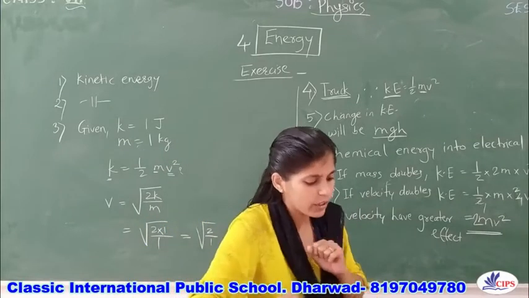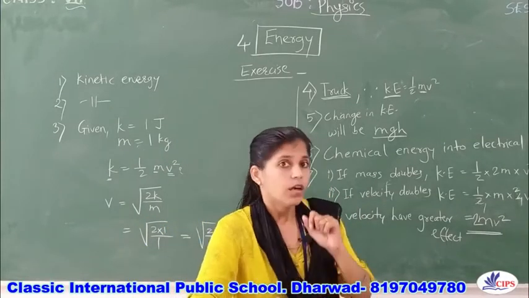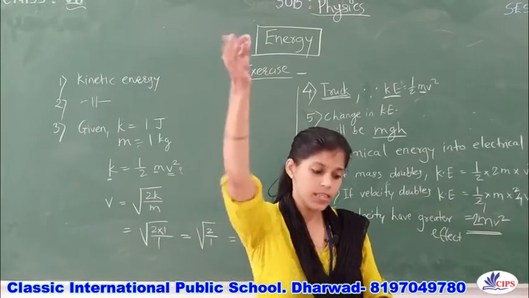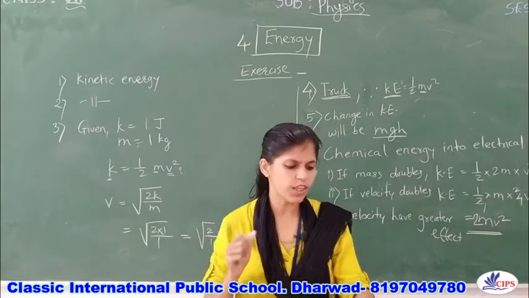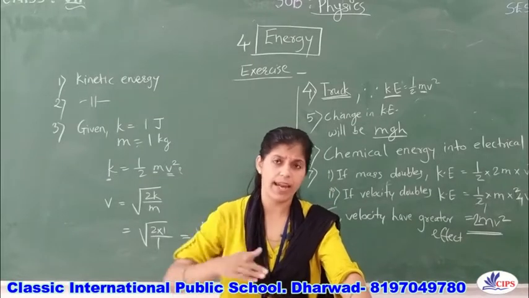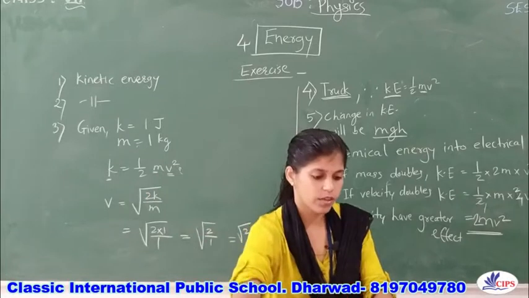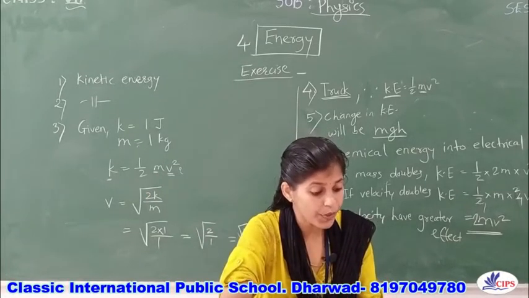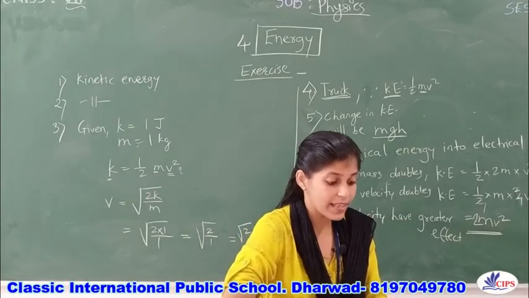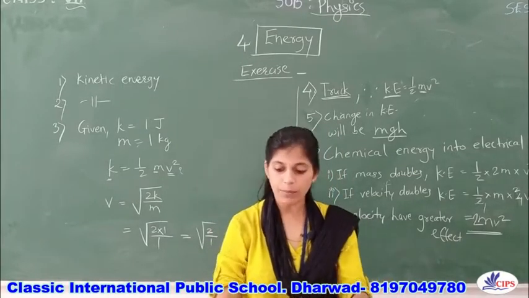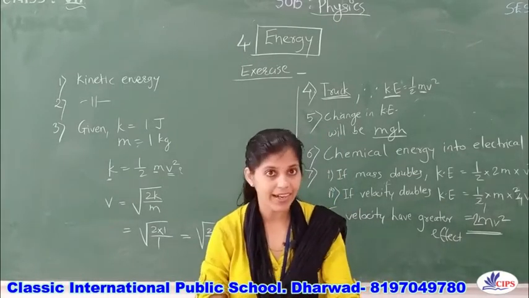Now children, the eighth question asks: when a ball is thrown vertically upward like this, its velocity goes on decreasing. Obviously at that particular height it will have decreased. What happens to its potential energy as its velocity becomes zero? The ball is thrown vertically upward, right?